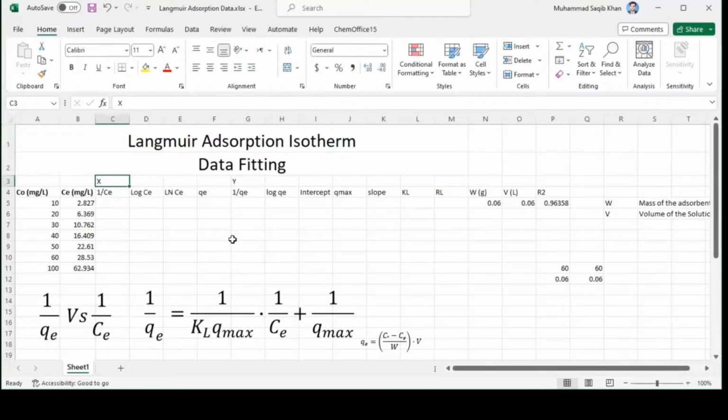On the basis of the separation factor, we determine whether our adsorption process is favorable, unfavorable, or irreversible.